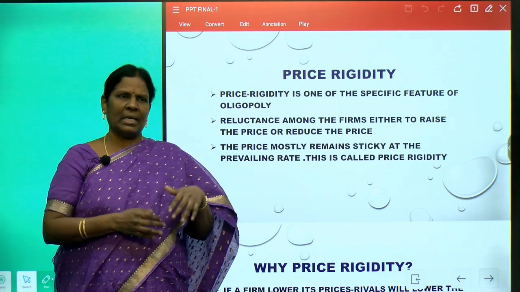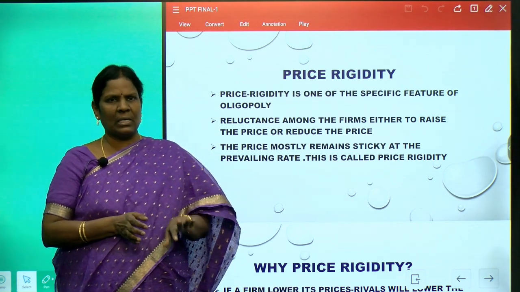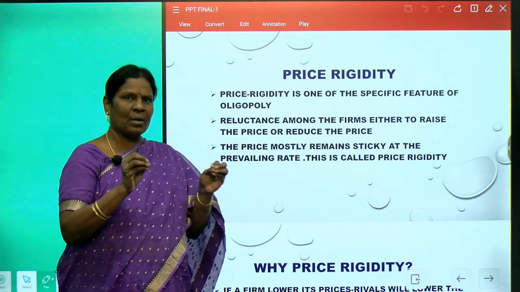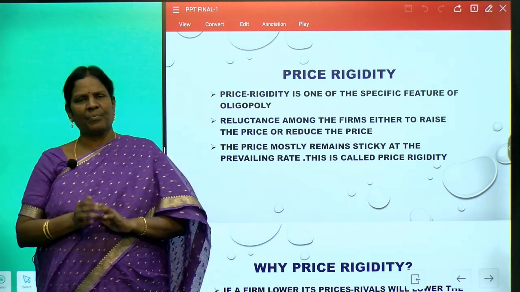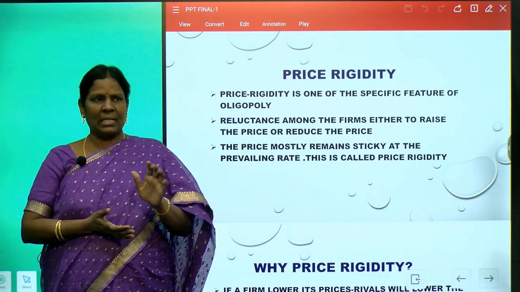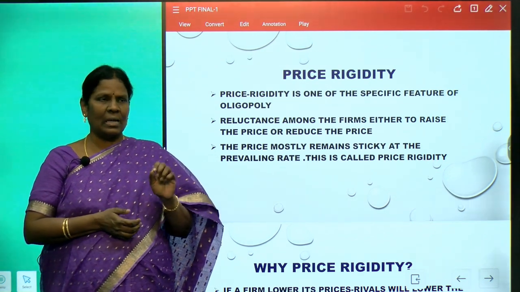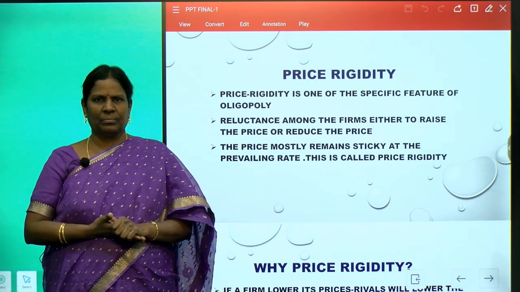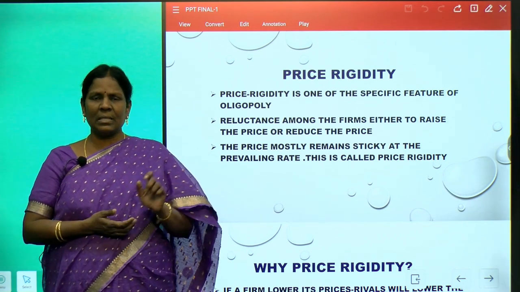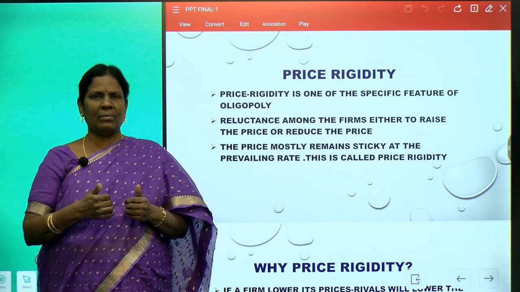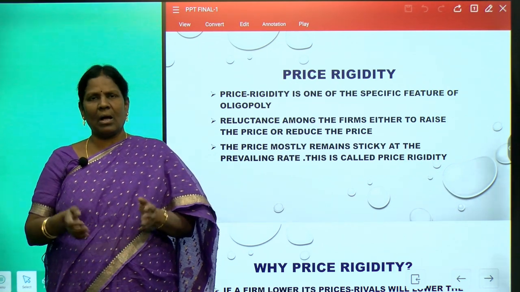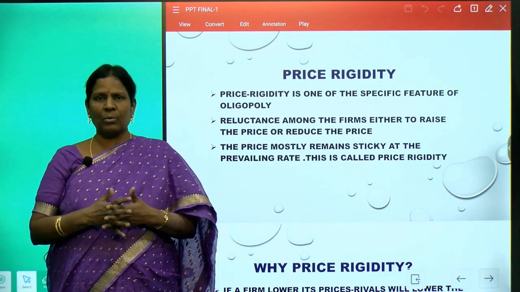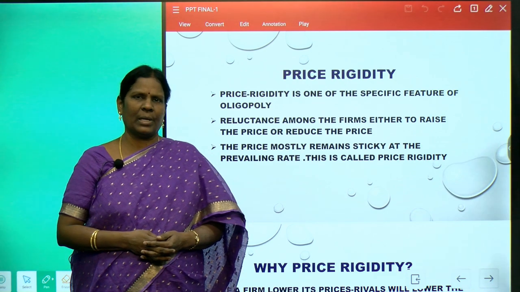They never increase the price and they won't decrease the price. Sticking to a particular price is called price rigidity. Dear students, understand well that price rigidity is very important in the oligopoly market, because basing on that only we derive the kinky demand curve, and on the kinky demand curve we can finally determine how the firm attains equilibrium.